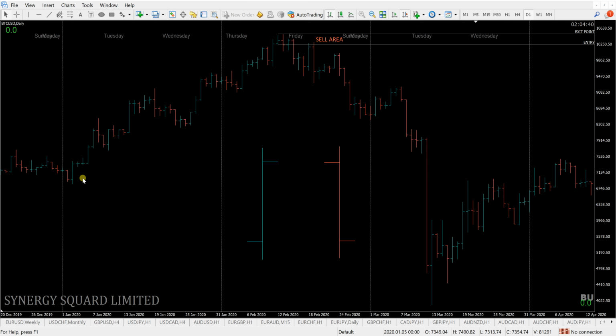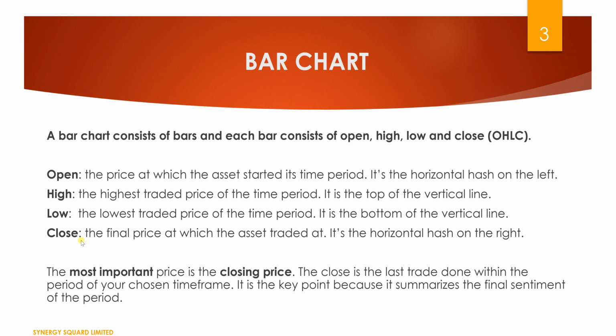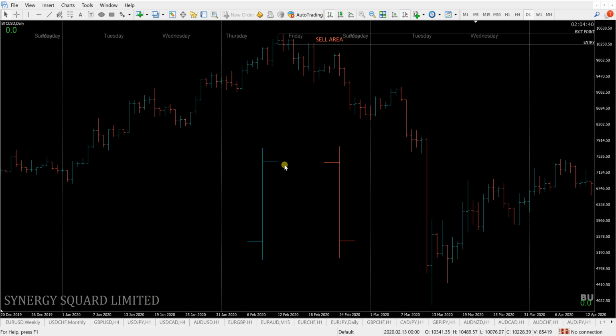We also have the close, which is the final price at which the asset traded, and it is the horizontal hash on the right. So this is the open, the horizontal hash on the left, and the close, the horizontal hash on the right.